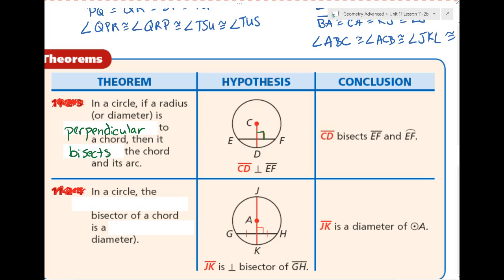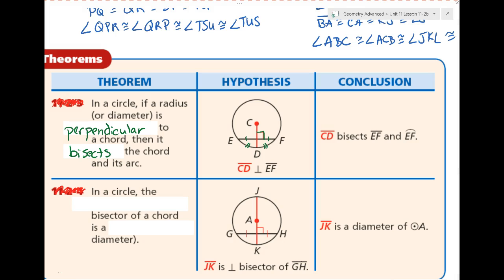So if I have a segment that's perpendicular to a chord, then it's going to bisect the chord. So these two segments are going to be the same, and it's going to bisect that arc. So I can have a lot of different congruent things as a result.